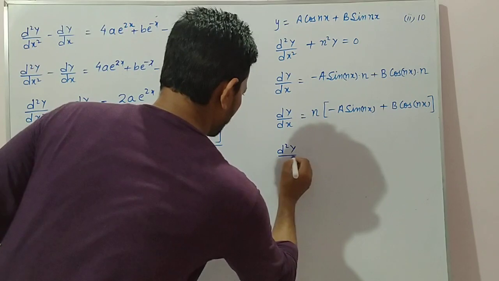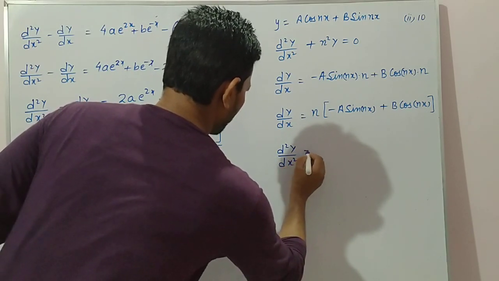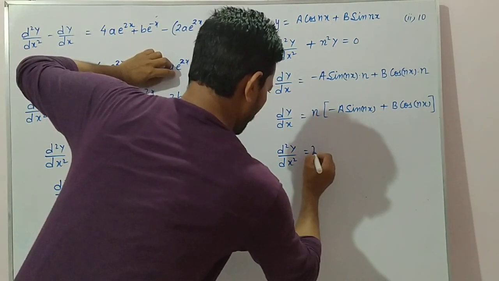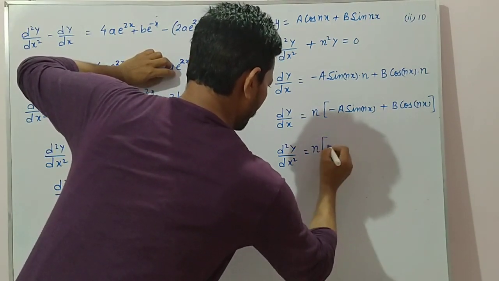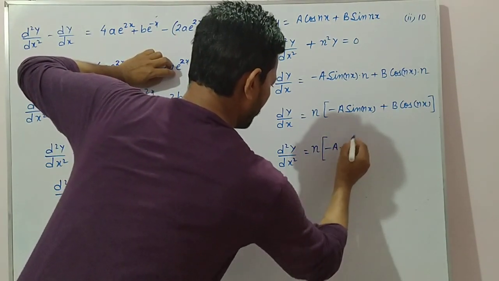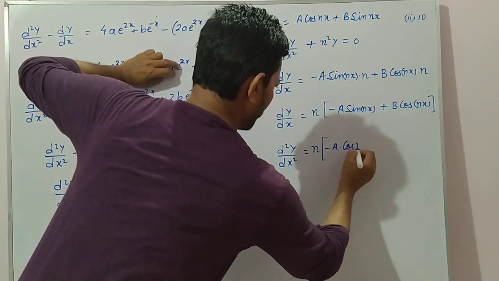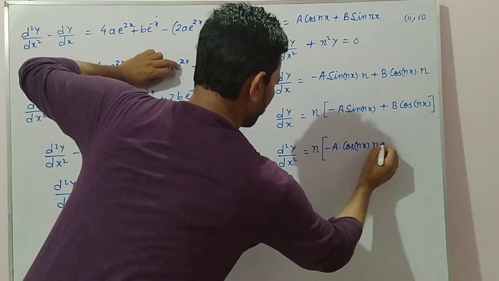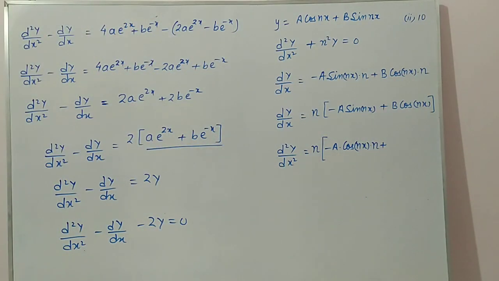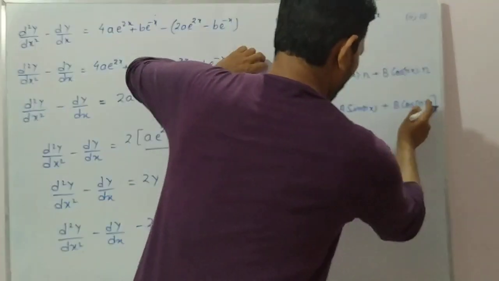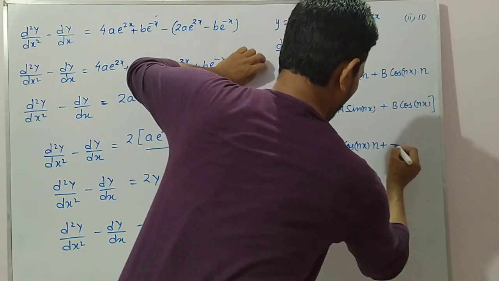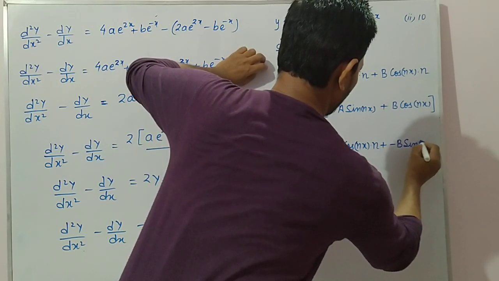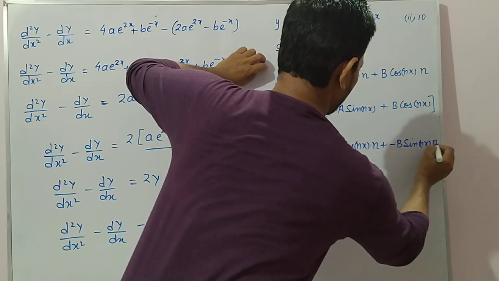d2y by dx square, again we will differentiate: n times minus a sin differential is cos nx into n, plus cos differential is minus sin, so minus b sin nx, and then nx differential is into n.